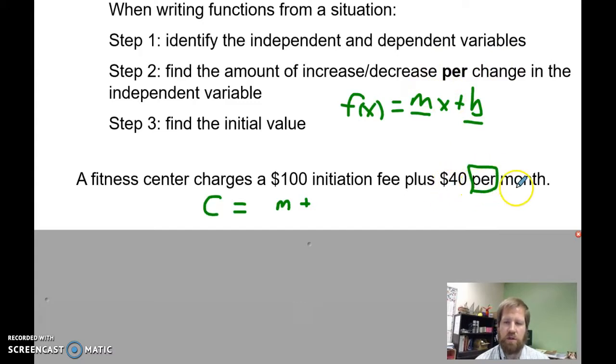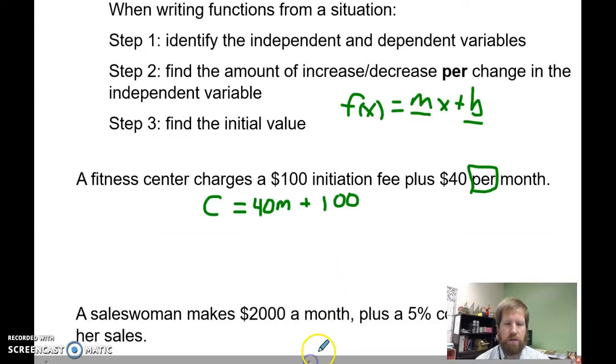If it's $40 per month, that's going to be what you're multiplying times m. That's going to be your slope. And then that $100 initiation fee, that's your initial value. So if I went for 1 month, it would be $100 plus that $40 times 1 month.